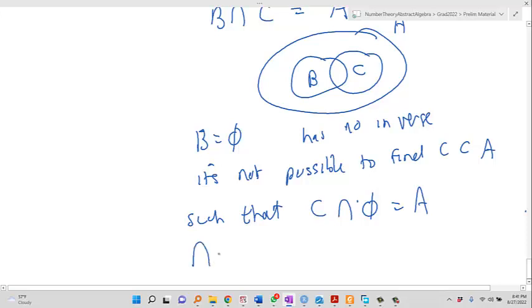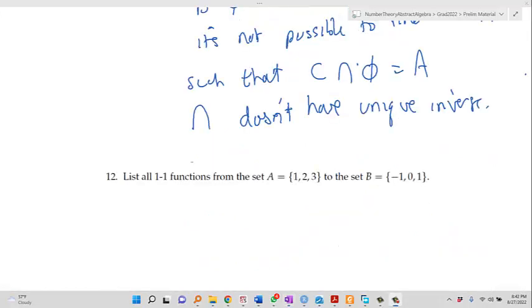So it's not true. So intersection doesn't have unique inverses. In fact, the only set that has an inverse is A itself. No other set has an inverse. Right? So that's that one.